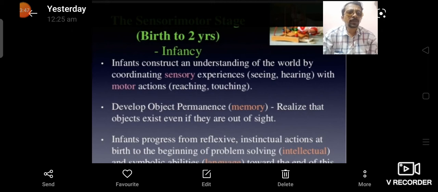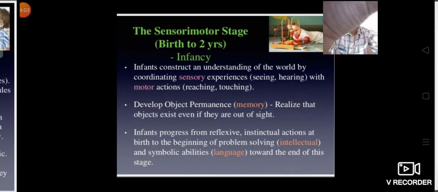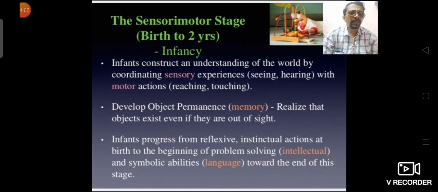Infants progress from reflexive instinctual actions at birth to the beginning of problem solving, intellectual and symbolic abilities, and language towards the end of this stage.